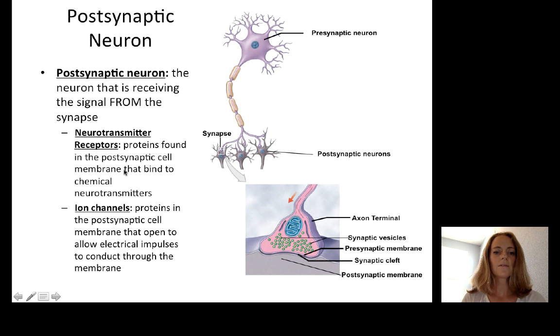So once the neurotransmitter is received by the receptor, an ion channel will open. And if you remember the last lecture, what happens when ion channels open? We get movement of charged ions. So when an ion channel opens, we can either excite or otherwise make electrical changes in the next cell.